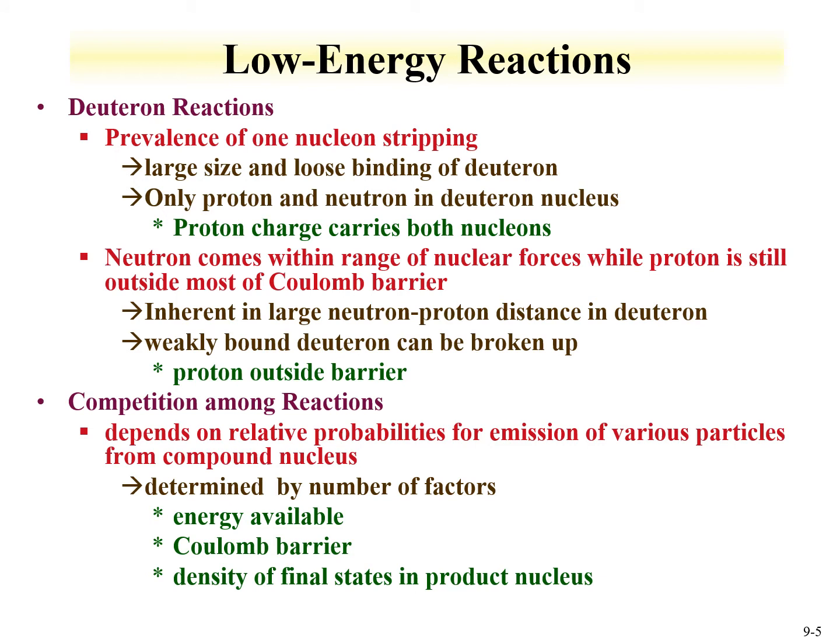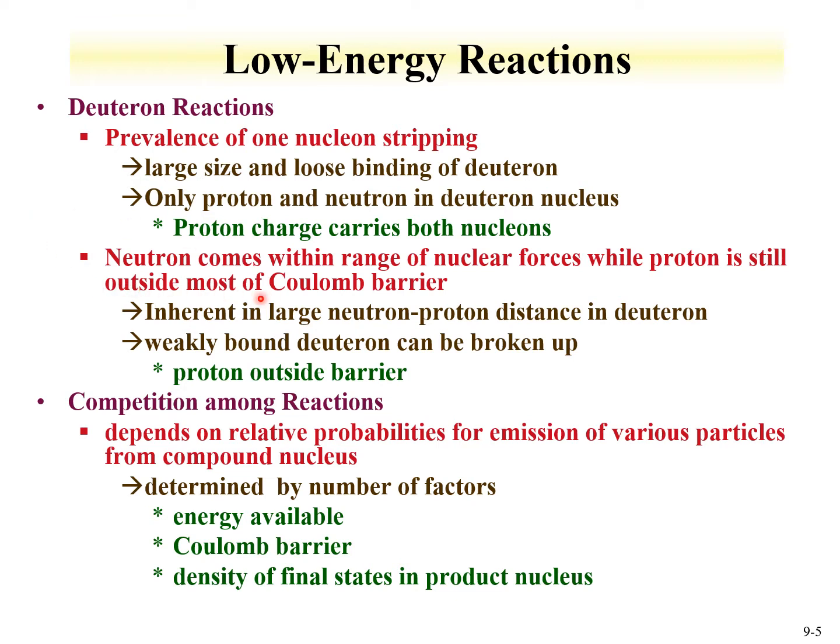Other low energy reactions with light projectiles include deuterium or deuteron reactions. In these reactions, you can think about that with deuterium, you have 1 proton and 1 neutron in the nucleus. So you can think of almost that the proton is carrying the neutron around. In essence, this is a way of accelerating a neutron by exploiting the fact that the neutron is connected to the proton.